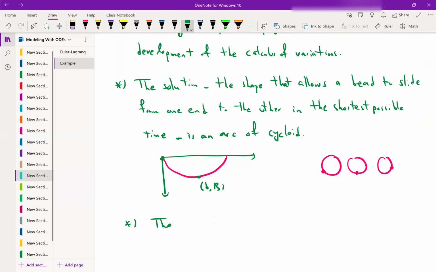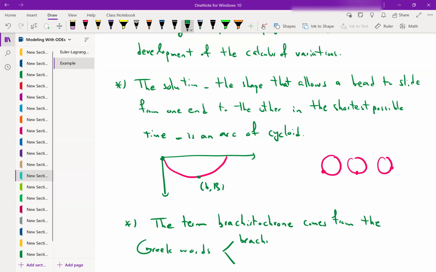The term Brachistochrone comes from the Greek words brachistos, meaning the shortest, and chronos, meaning time.